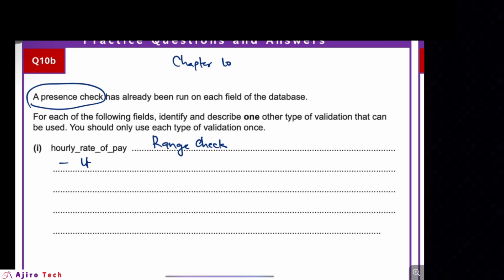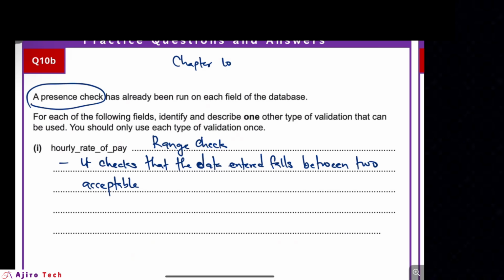So for the range check, it checks that the data entered falls between two acceptable limits.